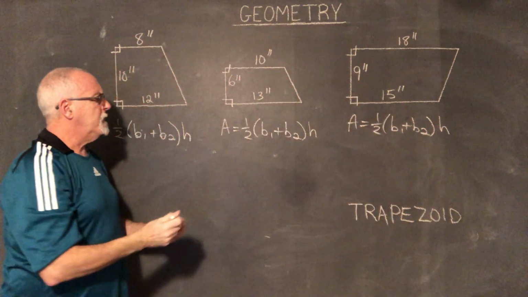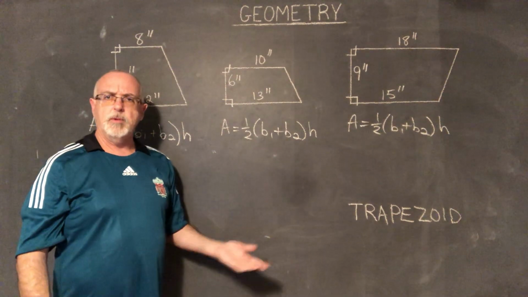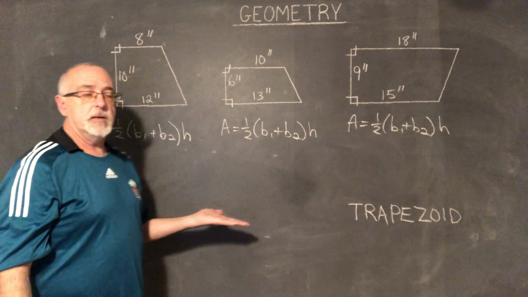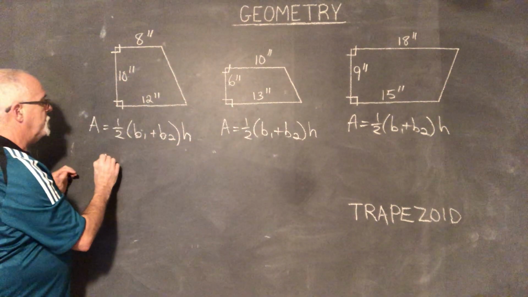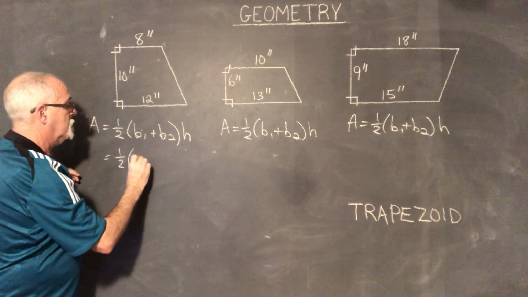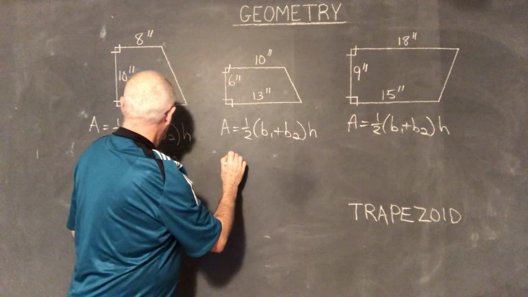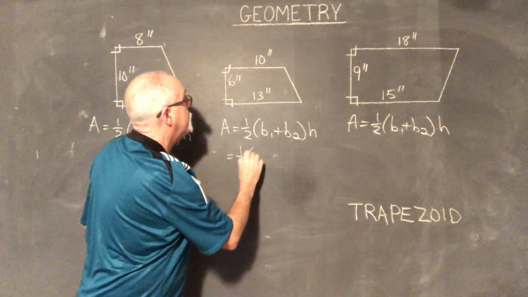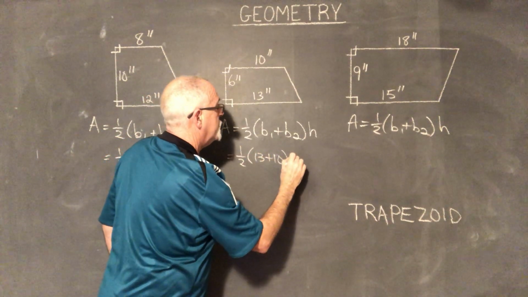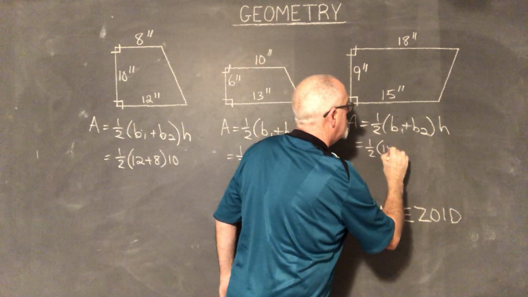So the first thing we have to do when we're simplifying this formula is we have to simplify the bracket. We have to follow the order of operations, which means we have to add together the length of the 2 bases. But let's fill in all of our information. 1/2. The bases here are 12 inches and 8 inches. 12 plus 8, and the height is 10. 1/2, 13 plus 10, and the height is 6. 1/2, 15 plus 18.